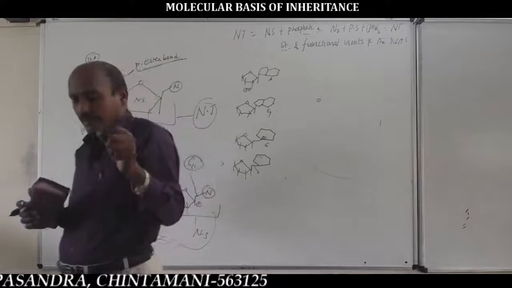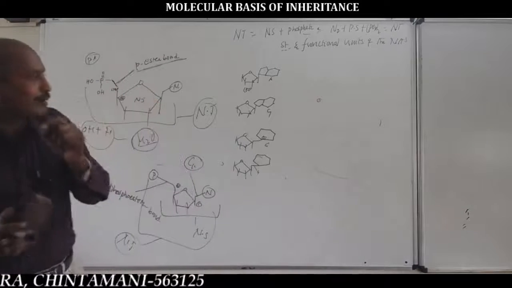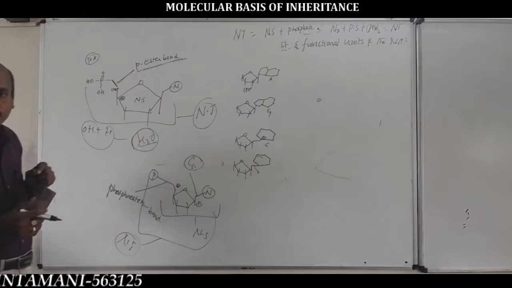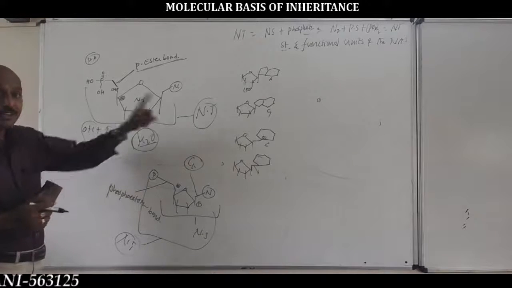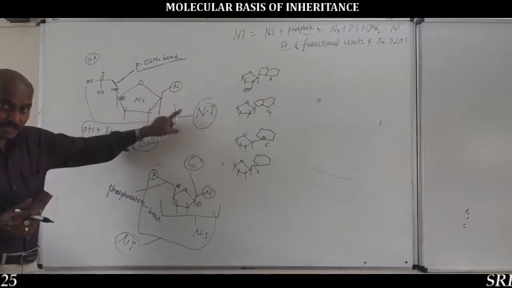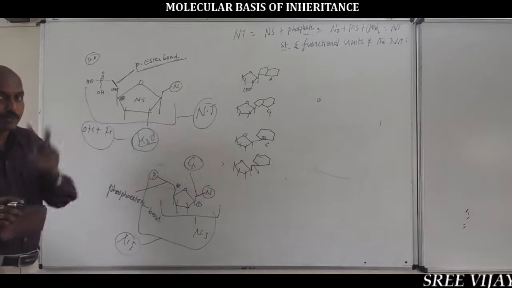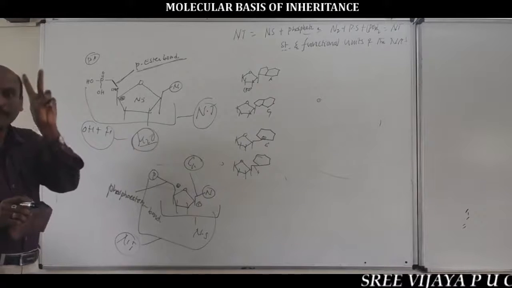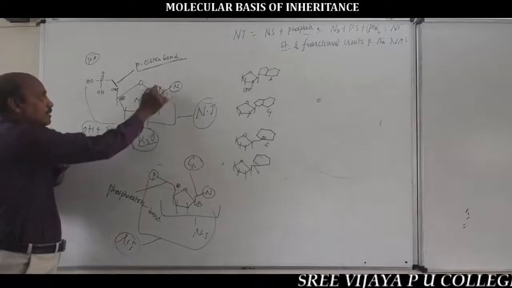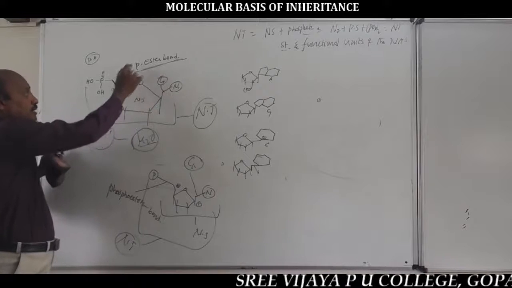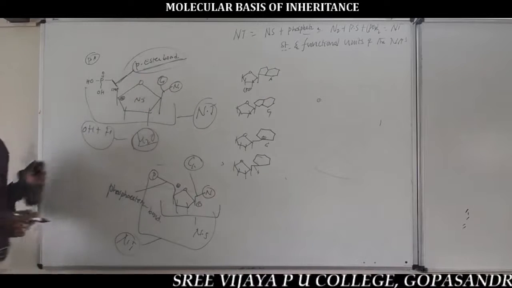You should remember one important matter for competitive exams. A general nucleotide contains two important kinds of bonds: the glycosidic bond and the phosphoester bond.